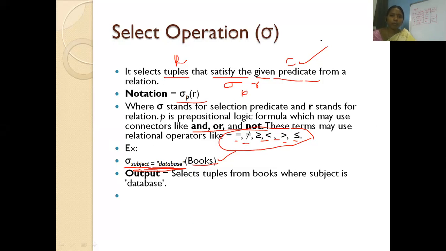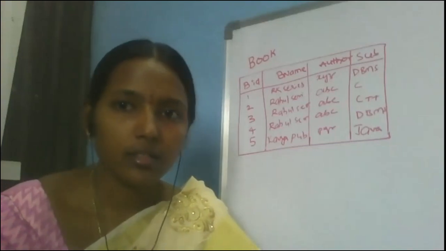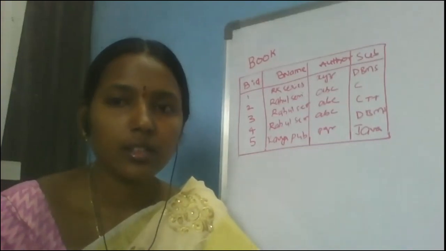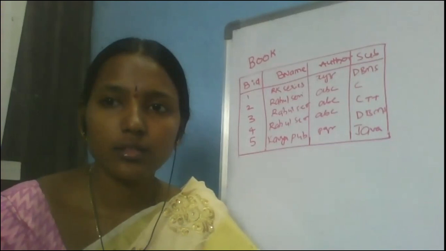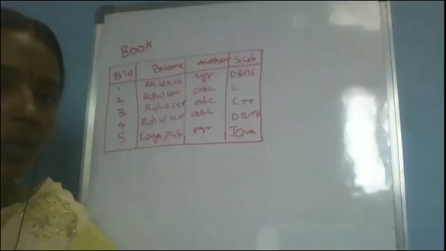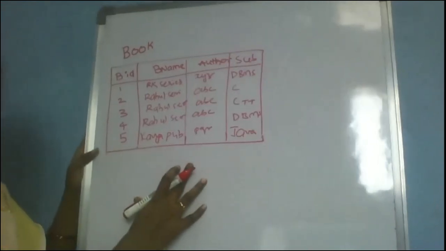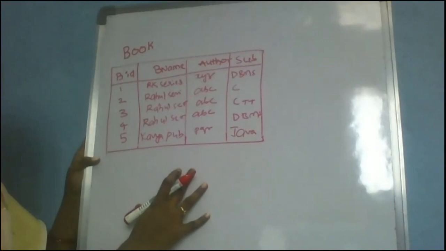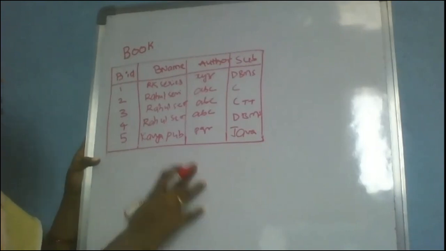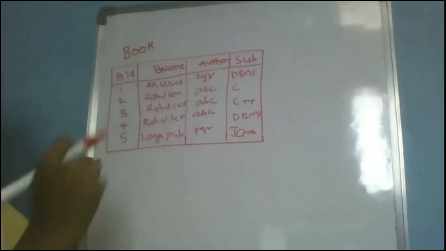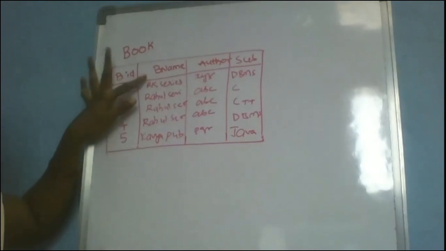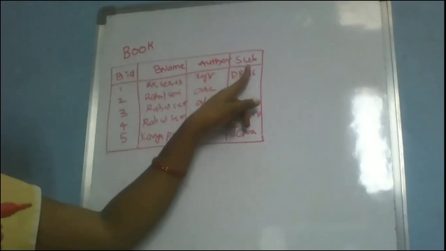Let me show you with an example. Look over the example here. Here we have a book table with book ID, book name, author, and subject.